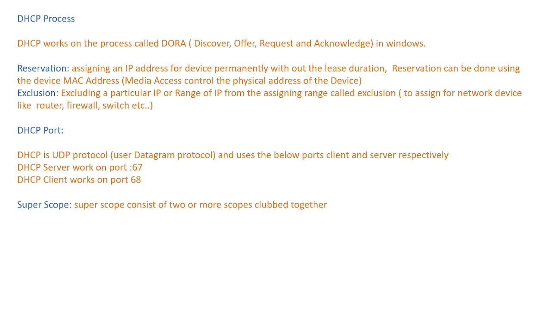Okay, and there is an option called super scope in the DHCP. So super scope is the merging of two or more scopes together. I mean, when you are clubbing two or more scopes together, we call it the super scope. Okay, say for example, Bangalore Wi-Fi and Bangalore guest. Two Wi-Fi ranges are there.